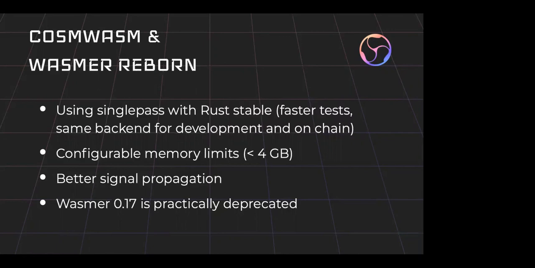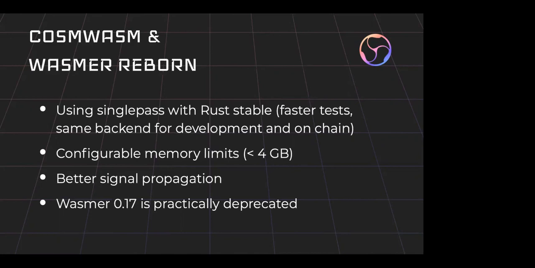It will allow us to configure the memory limits to any amount that the blockchain chooses. So right now it's limited to 4 gigabytes. You can basically allocate up to 4 gigabytes and we don't restrict that. You don't have enough gas to write 4 gigabytes of memory, but you can allocate it right now.